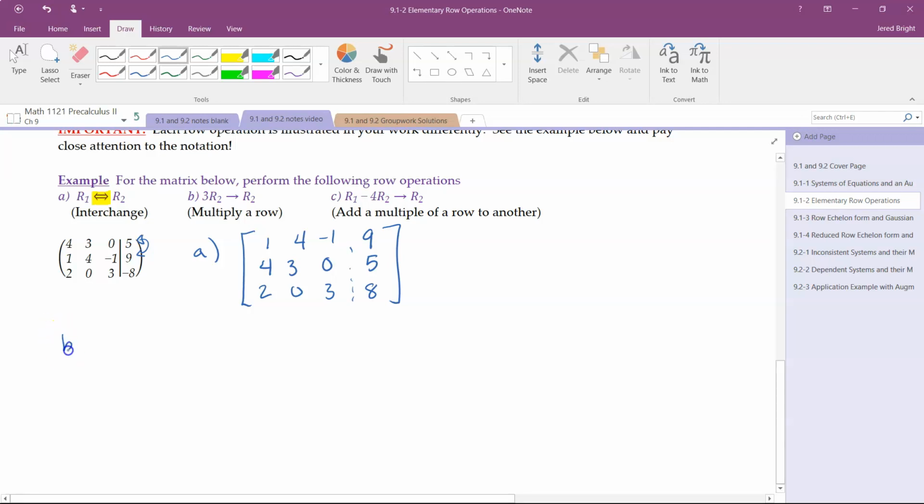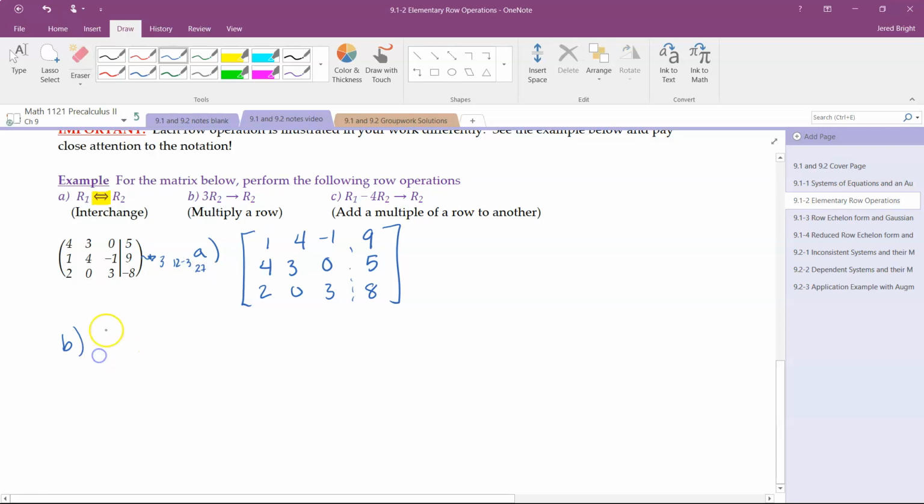For part B, this says take 3 of row 2 as it currently is presented and put it into row 2. If you need to, make a little note to yourself of what that is. This row is going to now be 3, 12, negative 3, and 27.